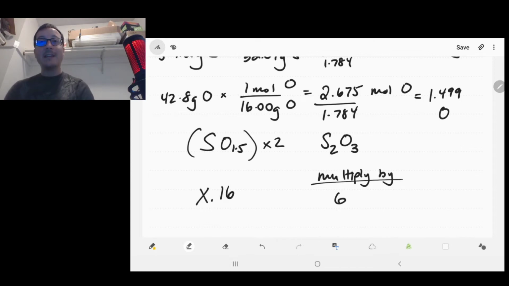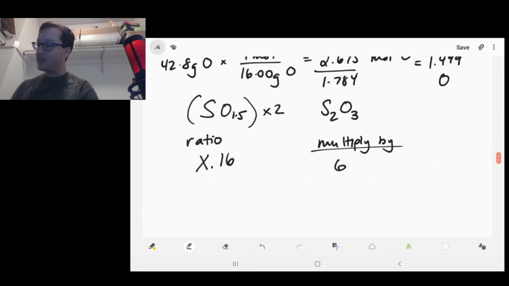So whatever your ratio ends up with, if you end up with something that ends with 0.16, you'll want to multiply by 6 to get rid of that decimal. Just like here, we had something that ends with 0.5, we're going to multiply by 2 to get rid of it. It's the same idea with 0.16, but we'll multiply by 6.